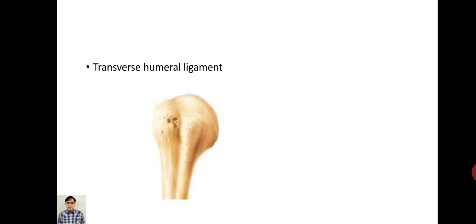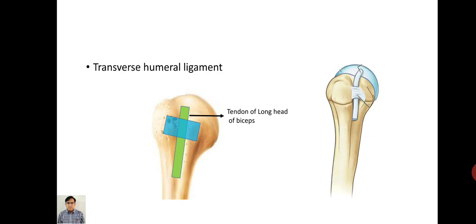Between the two tubercles there is a ligament attached. This one is the transverse humeral ligament, which covers the tendon of the long head of biceps. This is the tendon of the long head of biceps. So in this figure you can see the transverse humeral ligament.